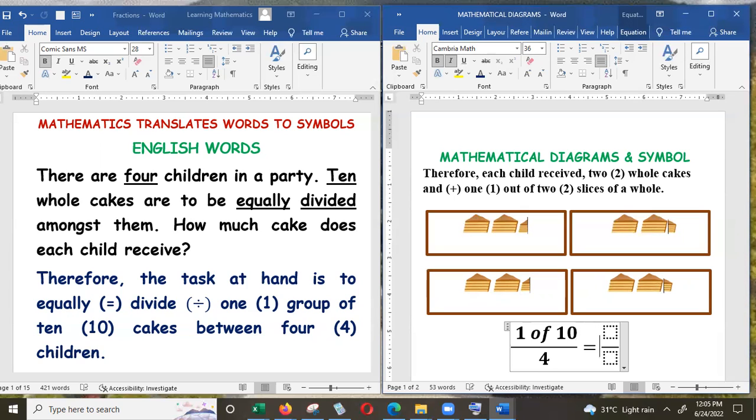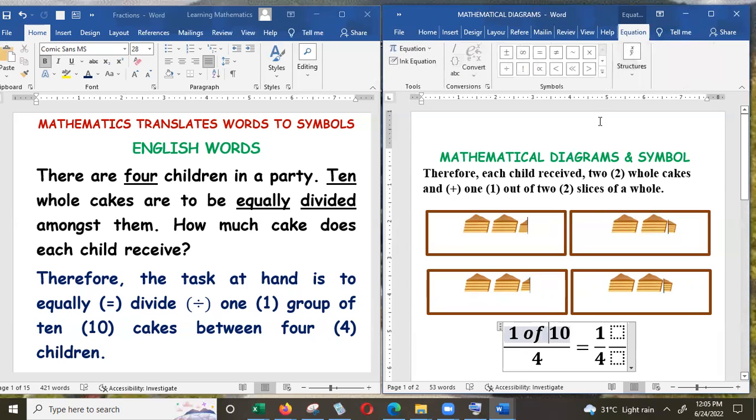There's another way of writing that: 1 over 4 of. Now the symbol for of, because of is an important word in mathematics, is the times symbol, the multiplication symbol.